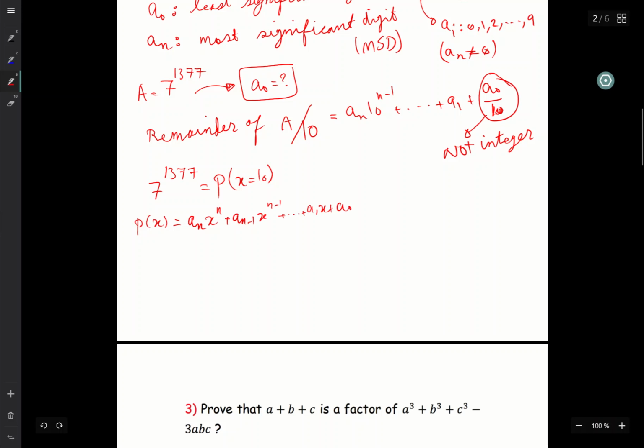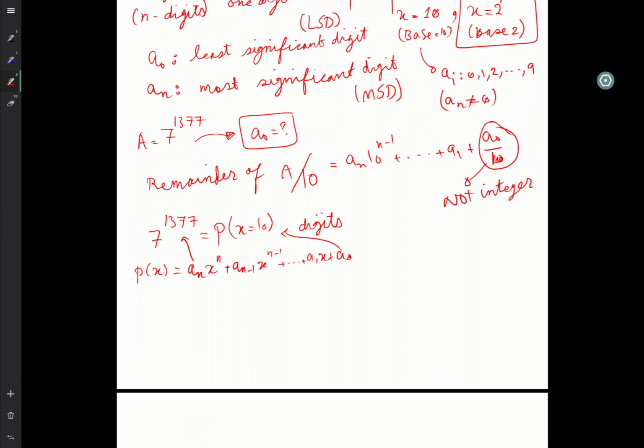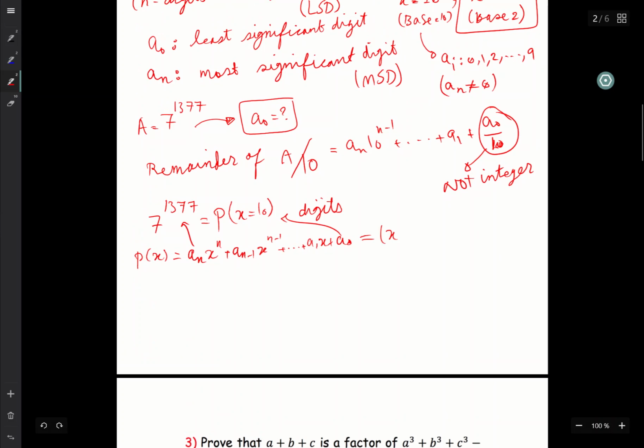And an minus 1 to a1, a0 are the digits of this number 7 to the 1377, and we want to divide this by 10. So x minus 10 times some q(x) plus some remainder r, which we already know is going to be a0.